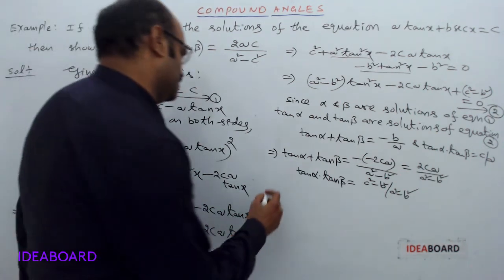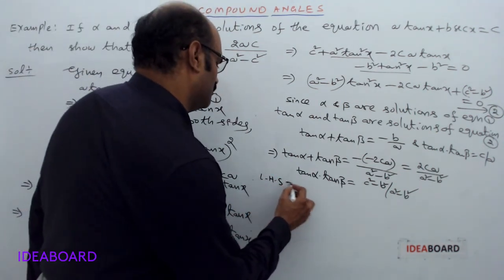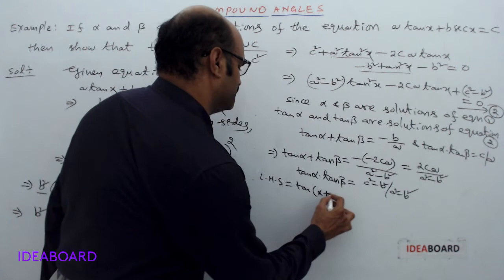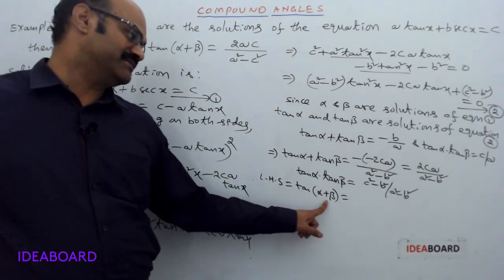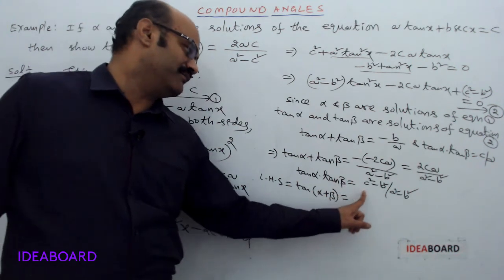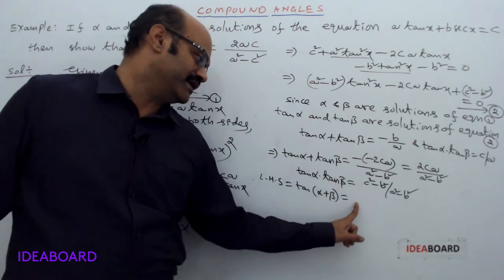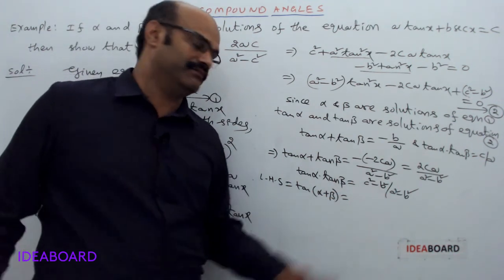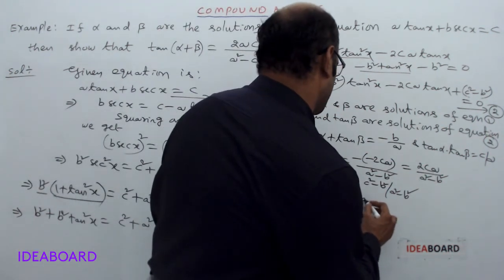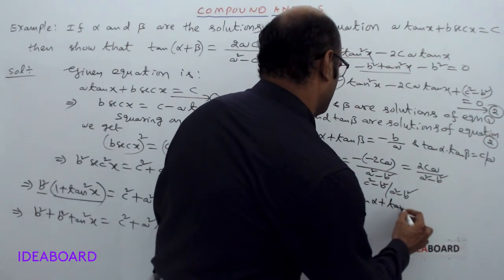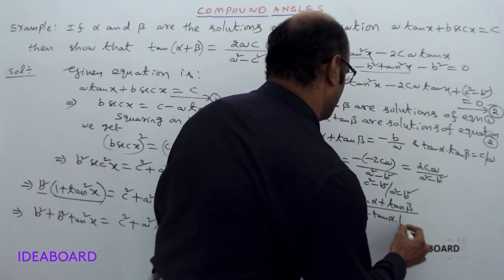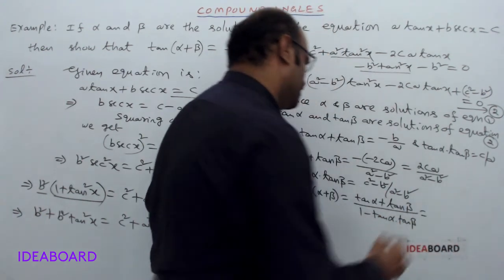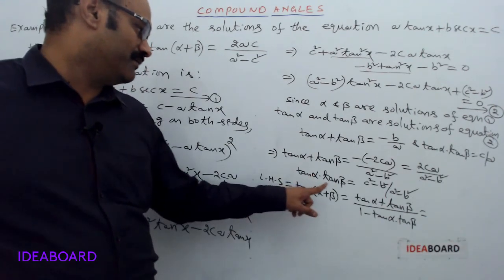So LHS equal to tan of alpha plus beta, the formula for tan of alpha plus beta is tan alpha plus tan beta by 1 minus tan alpha into tan beta.